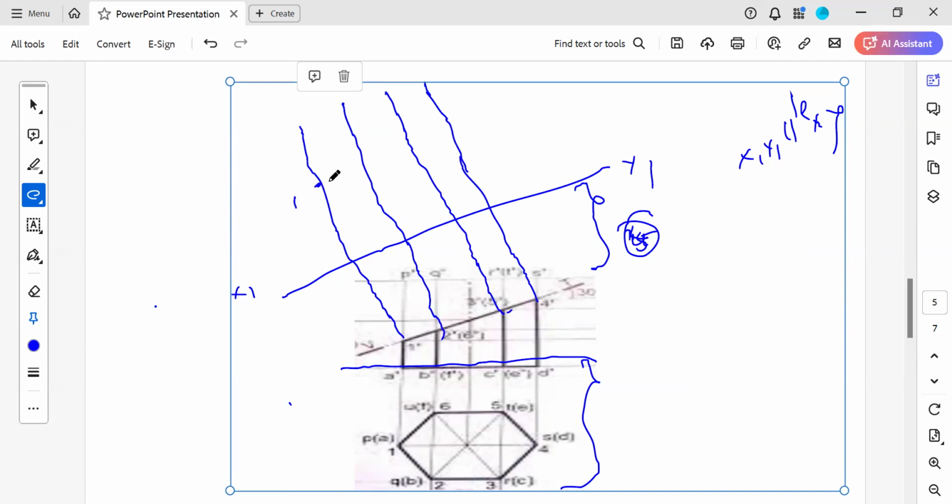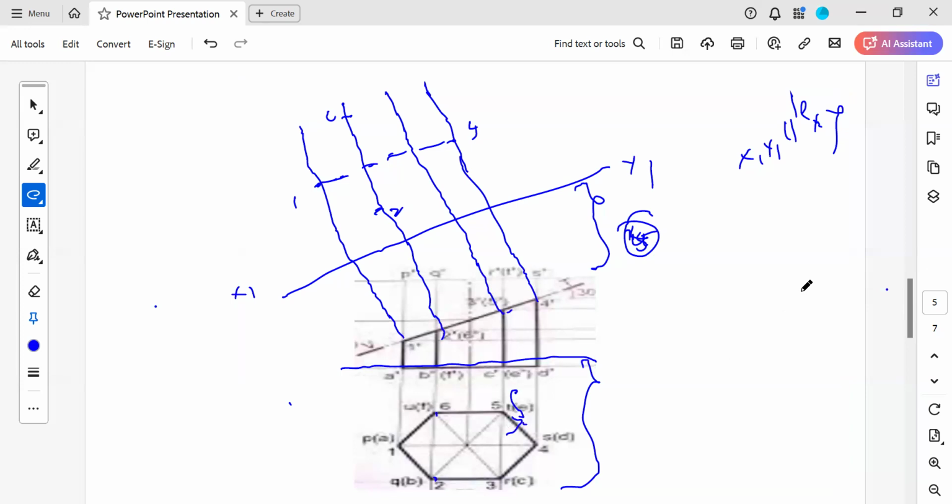Similarly on this side, this will be the axis, and this will be the 4th point. Next, above xy line, you measure the 2nd point and 6th point. And similarly you measure these distances, 5 and 3.